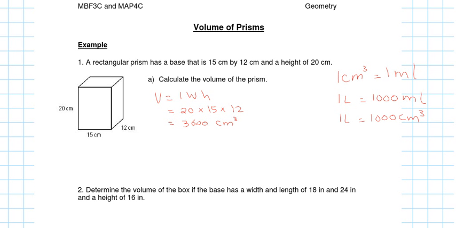You can use these conversions if you want. Just remember, the easiest one to remember is 1 centimeter cube is equal to 1 milliliter. So this is going to be 3,600 milliliter, which is the same thing as saying 3.6 liter.